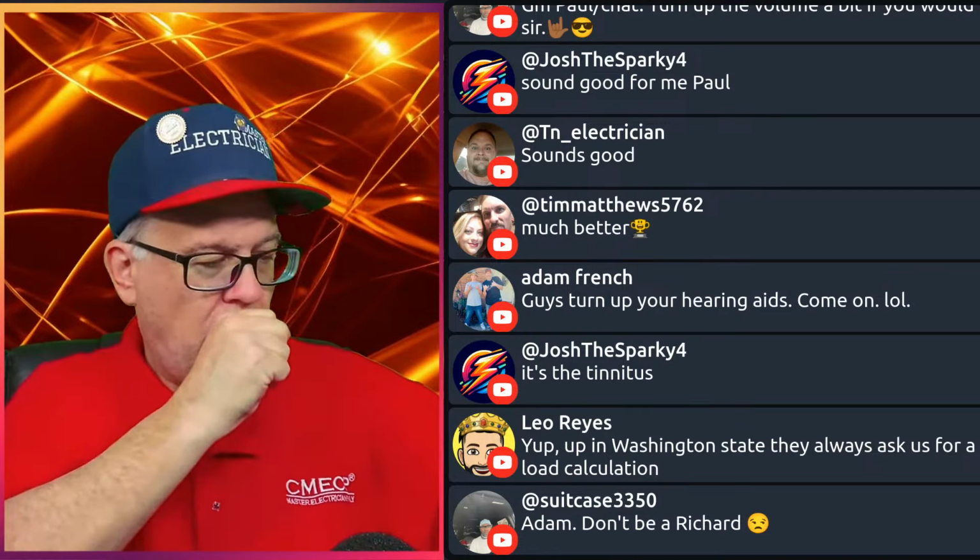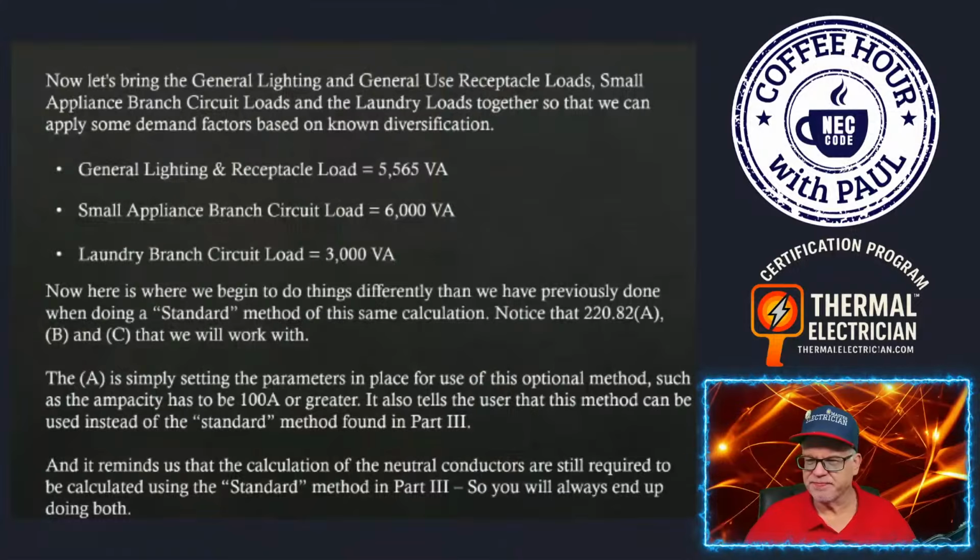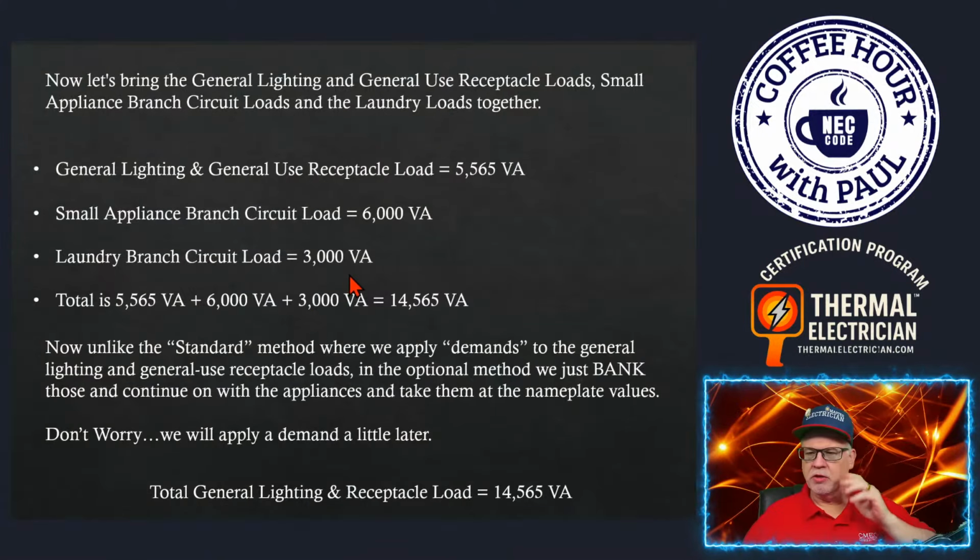All right, back to the lesson. Let's go ahead and add these up while we're here. So 55, 65, 6,000, and 3,000 right here. That should be 14,565. Don't trust me, and you shouldn't either. 5,565 plus 6,000 plus 3,000 is 14,565.